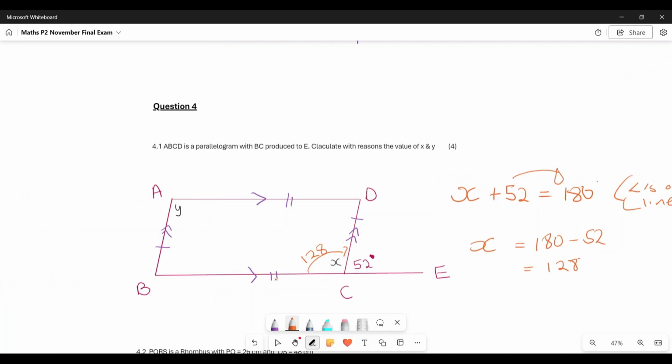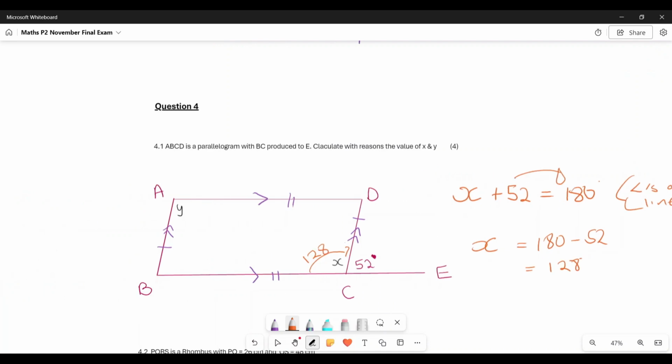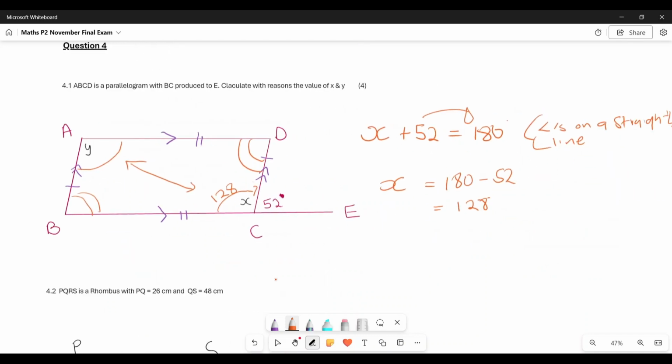Now, what is the other most important property with regards to your parallelogram that you know? Opposite angles of your parallelogram are equal to one another, right? So this y is going to be equal to angle x, as well as this angle b here is going to be equal to angle d. So which is why it's important for you to be able to know the properties of your parallelogram, right? So now I know that my angle y and my angle x are going to be equal to one another.